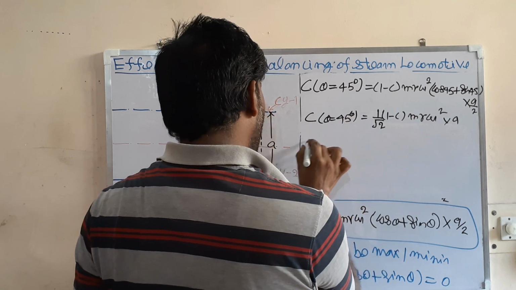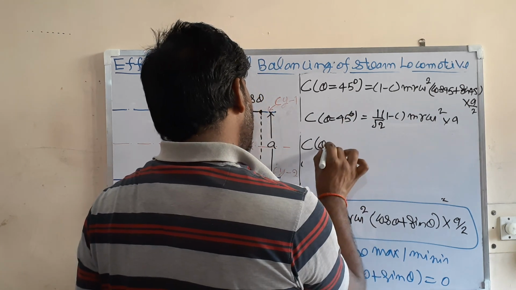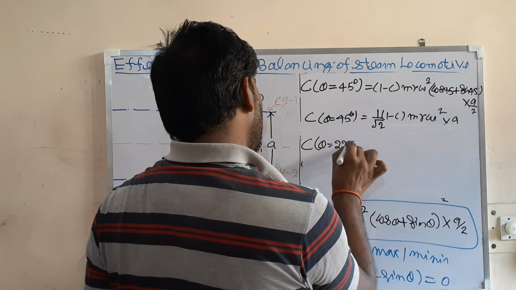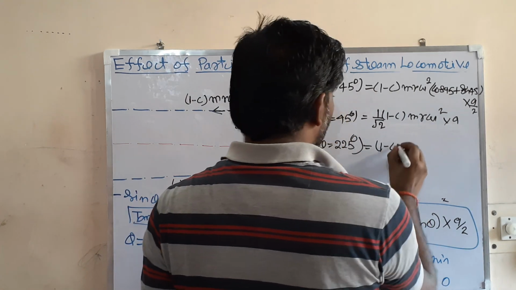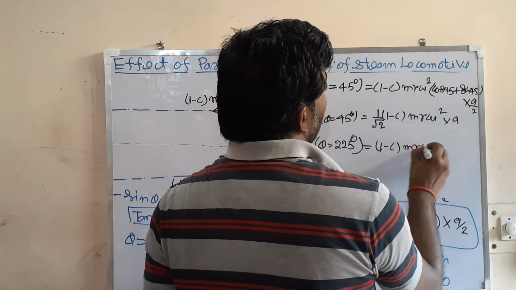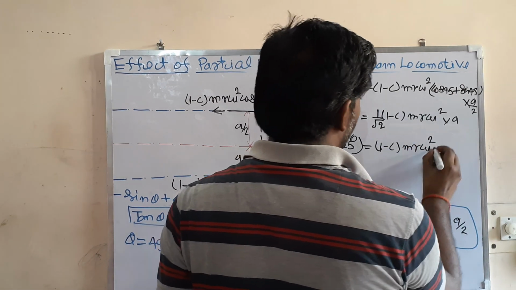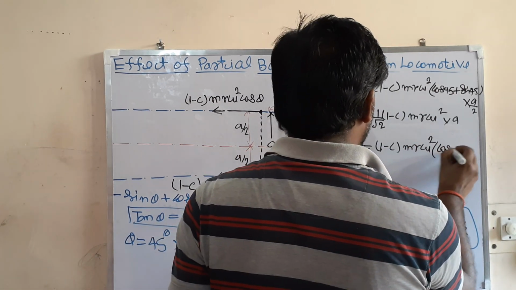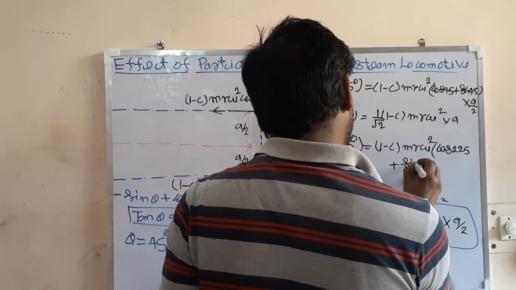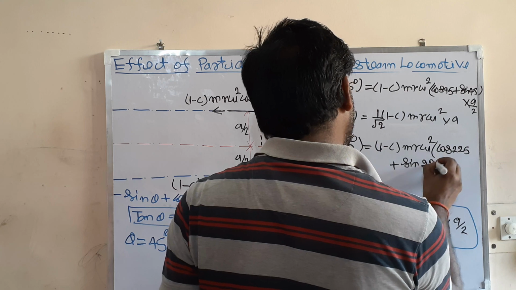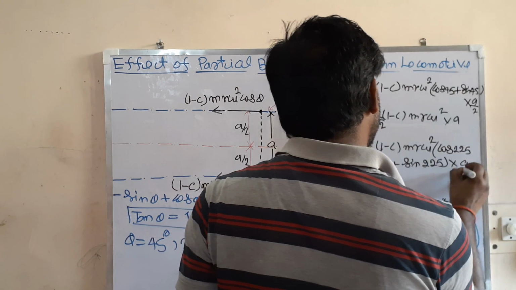Now find out the swaying couple at theta equal to 225 degree. So what we are getting, this (1 minus C) m r omega square, this cos 225 plus sin 225 into a by 2.